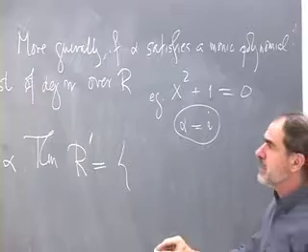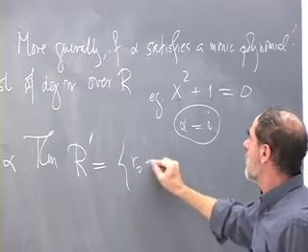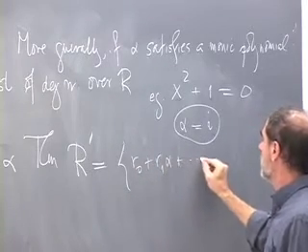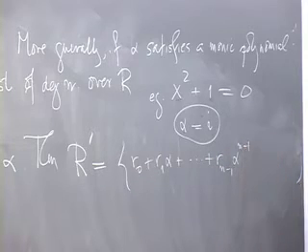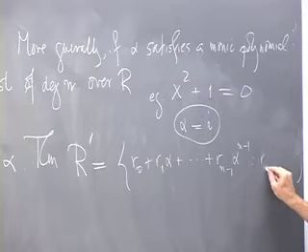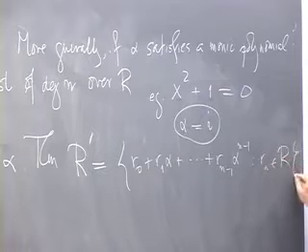Then R prime can be expressed as all the combinations R0 plus R1 alpha plus ... plus R(n-1) alpha to the n minus 1, with the Ri in R. And these are all distinct.